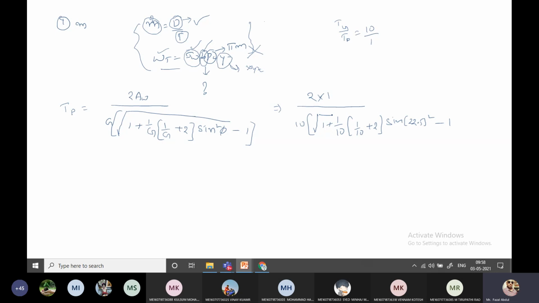Minus 1. See Babu, while you are substituting the values in the calculator, the square root is up to here only, not to minus 1. If you apply the square root to minus 1 also, you will get the wrong answer. Remember this point.